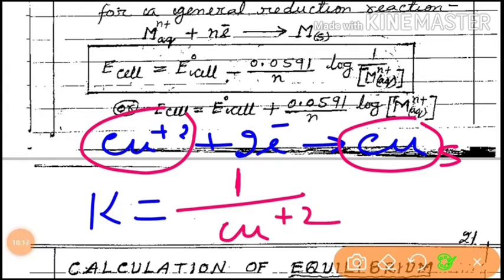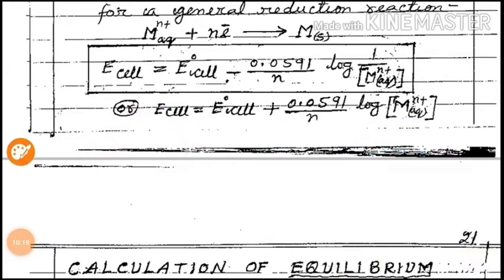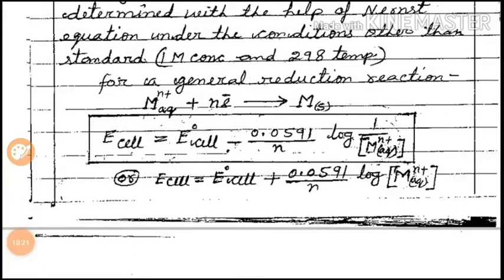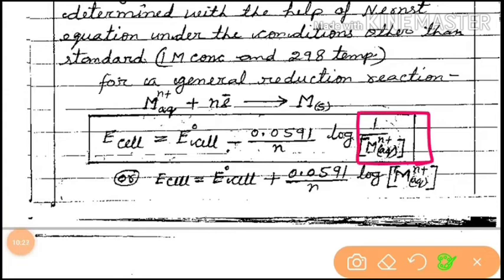So this is the value of K, and we write log K. In place of K we write 1 upon Mn plus, where Mn plus means Cu plus or Cu plus 2, whichever ion is there.